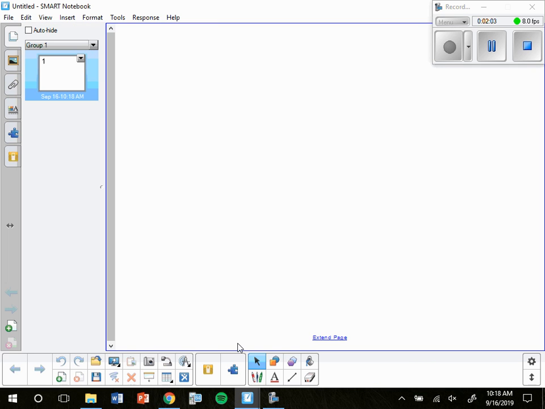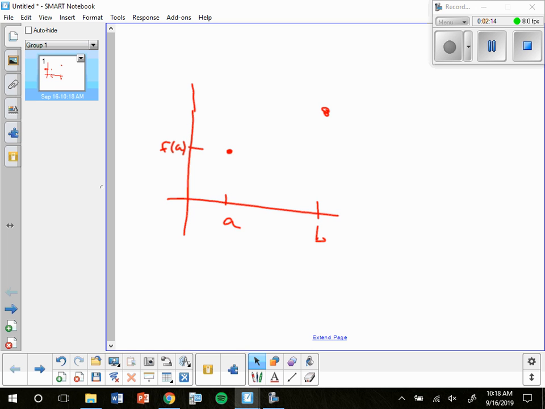If my function is continuous between A and B, let's call this f of A, because that's my function value at A, and this f of B. So if I draw through without lifting up my pencil, if I connect A to B and draw without lifting up my pencil, then what y values am I going to hit? Everything between f of A and f of B. I have to hit all of those y values.